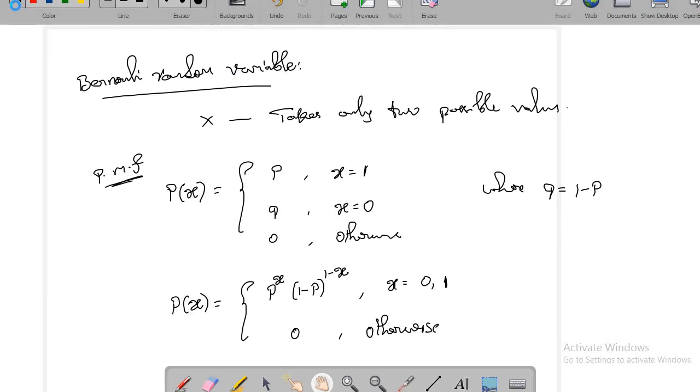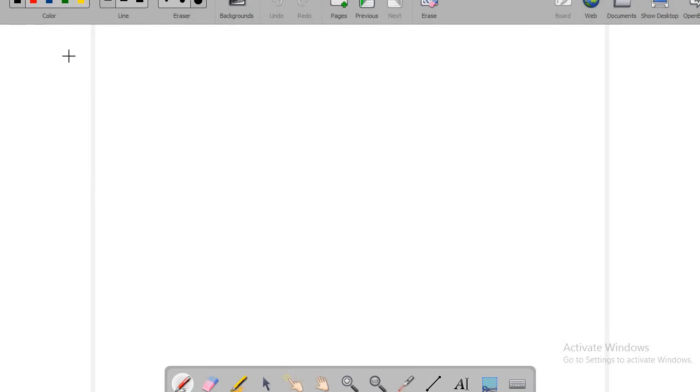Now, we are going to perform these Bernoulli trials n number of times. Let's assume that we performed n Bernoulli trials. Now my interest is to see how many successes occurred when I perform n Bernoulli trials.